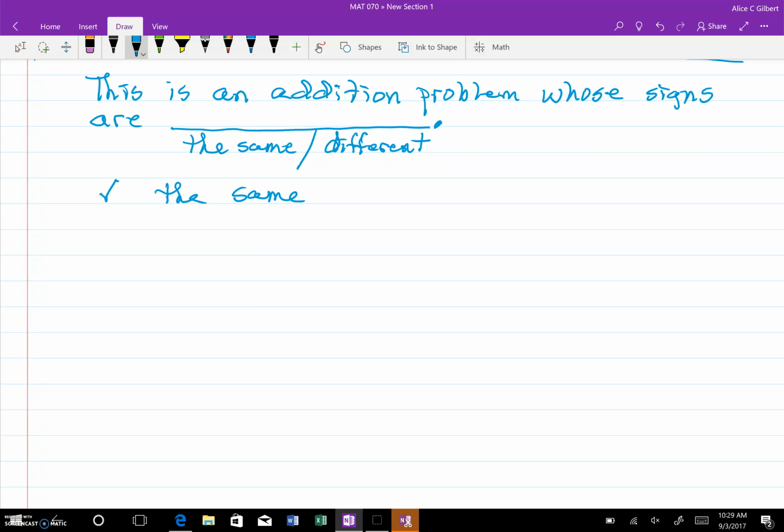If we have two numbers and their signs are the same, we've got two rules that we need to do. I always work with the numbers first and then the signs second. So the first thing we do is add the numbers. And then the second thing I do is keep the sign.